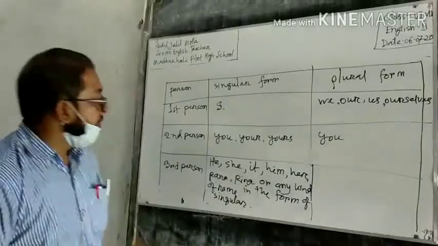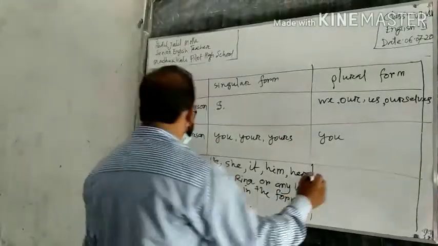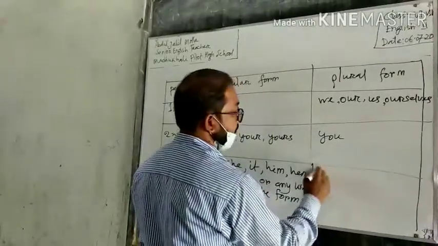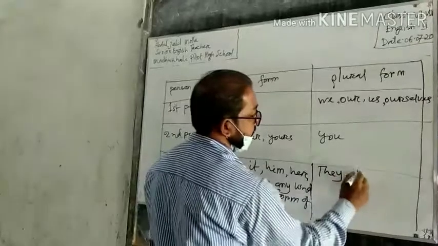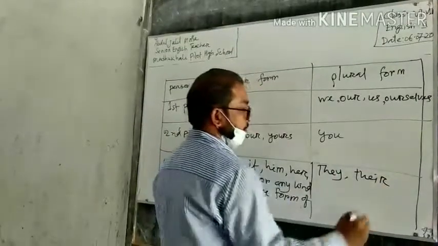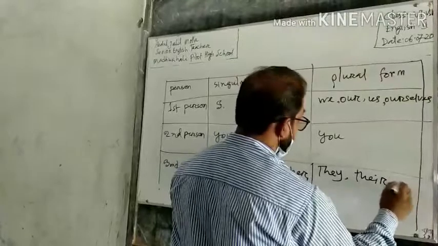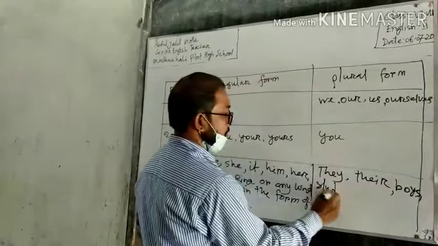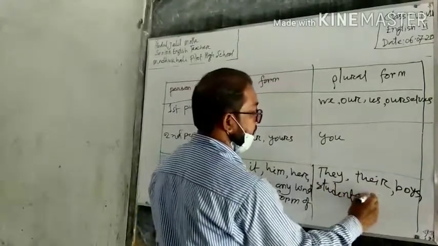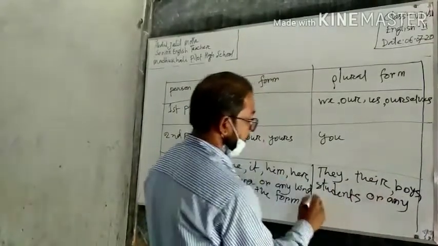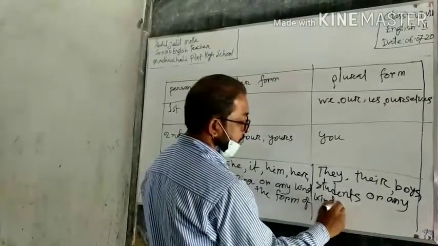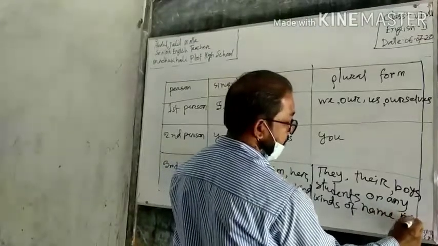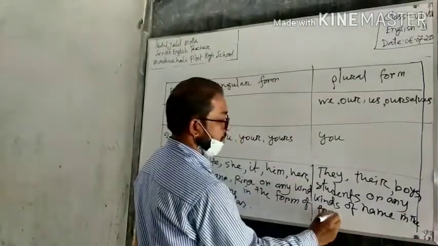Okay? Now I am giving you some examples of third person of plural form. They are boys, students, or any kind of name in the form of plural.